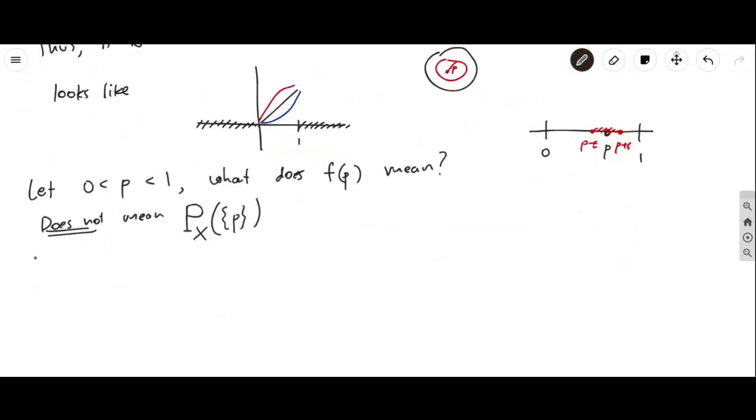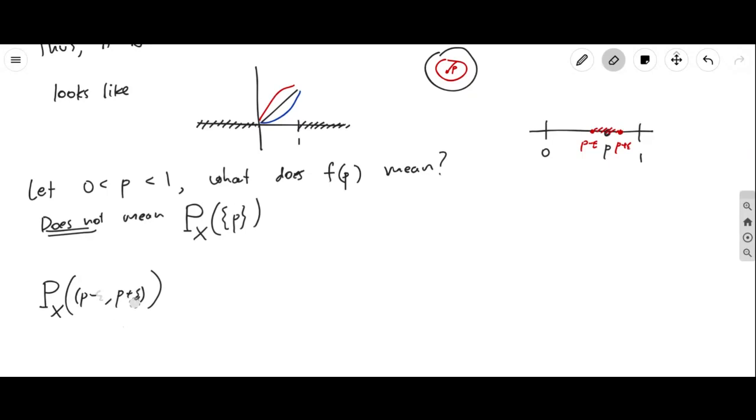And then the probability, so you look at the distribution, you would say the probability of landing inside that interval between p minus epsilon to p plus epsilon. It does not matter whether you use an open interval or a closed interval here, because there's no mass at a single individual point. It's not going to change anything.